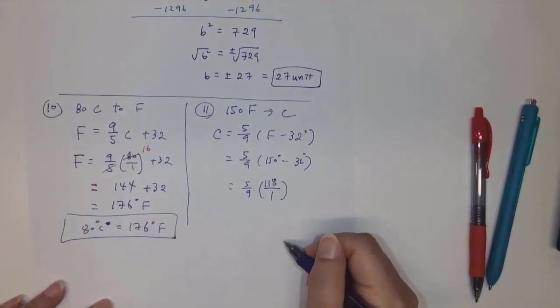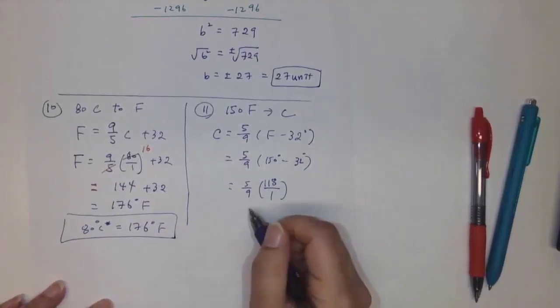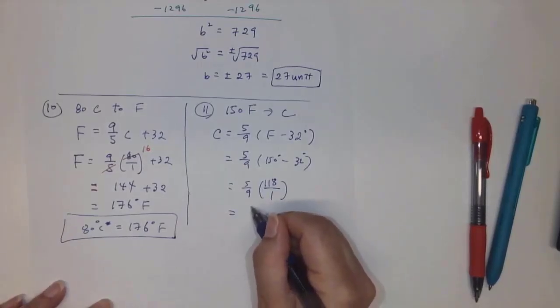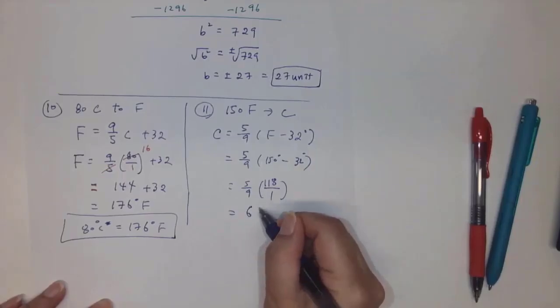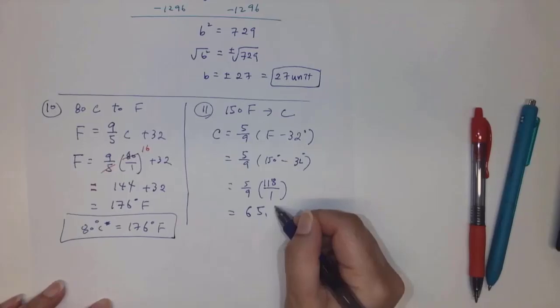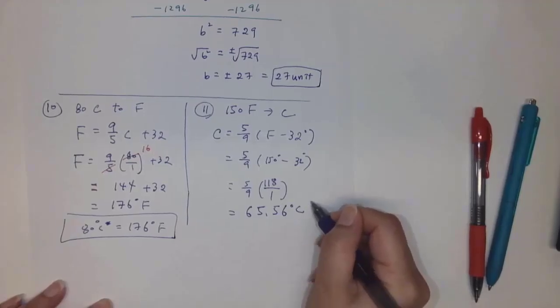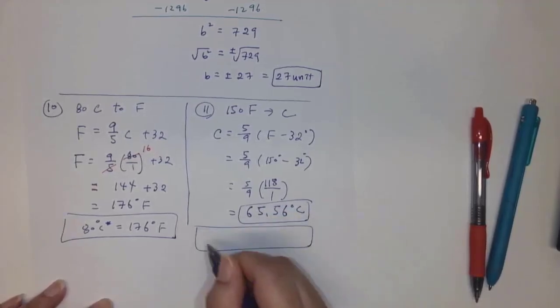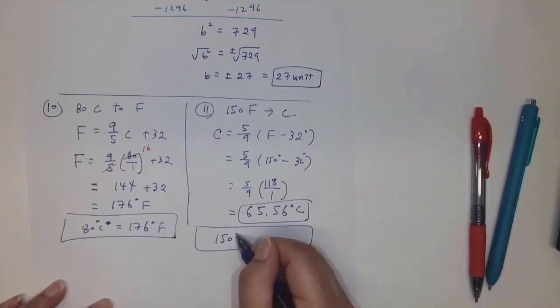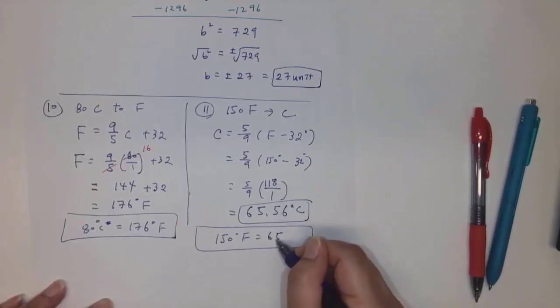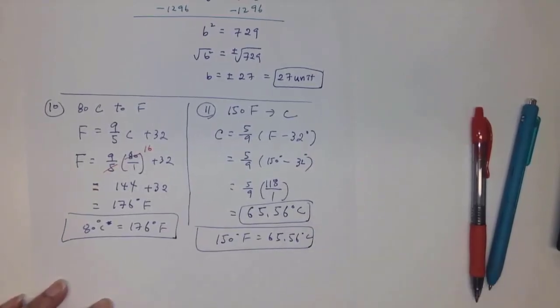All right, so you need to multiply the top and divide it by 9. What do we get? 590, 60. Oh, okay. The final answer, 65.5 repeating. So if I want 2 decimal places, 65.56 degrees Celsius. So this one will be 150 degrees Fahrenheit equal to 65.56 degrees Celsius. So we okay with that?